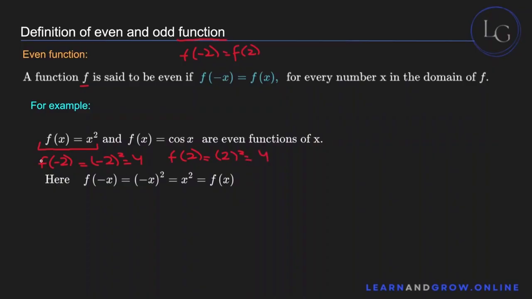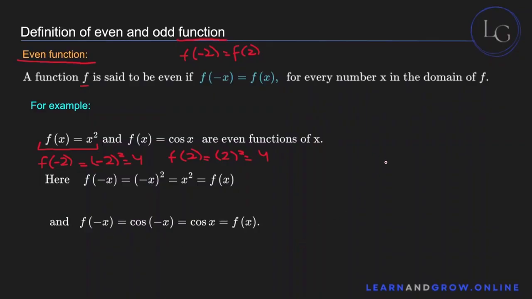And this is true for any real number. If you plug in negative 100, and if you plug in a positive 100, it will give you the same result, which is basically 10,000, right? So in any function where you plug in a negative number and the positive number of that as well, and it yields the same result, that's an even function.